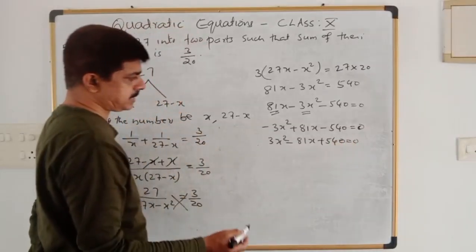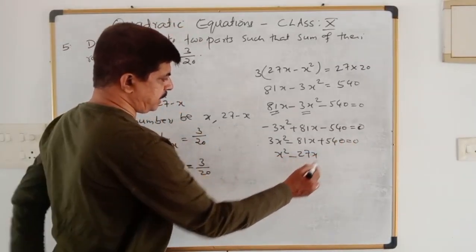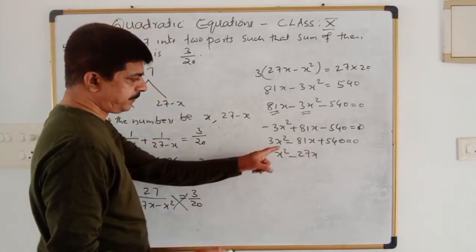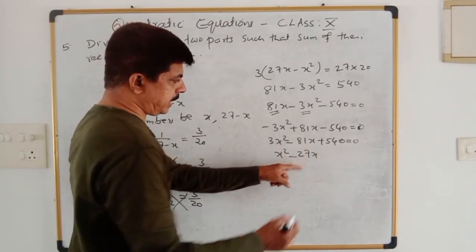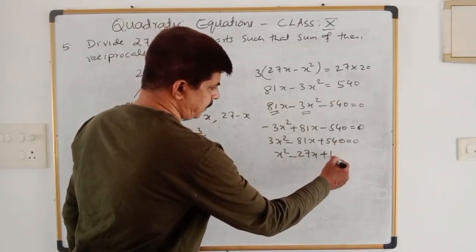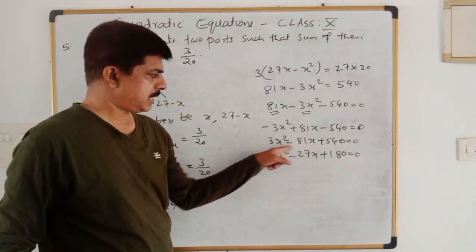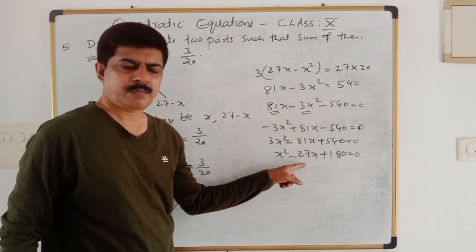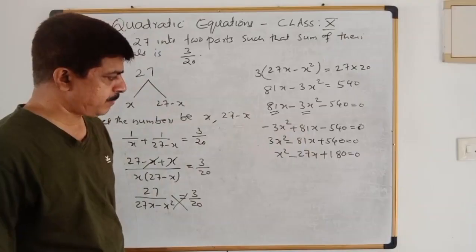Again one more simplification, we simplify by dividing by 3. Each term will be divided by 3. How many 3s in 81? 27. Here this also divided by 3, 180 is equal to 0. This is writing in the simplest form.